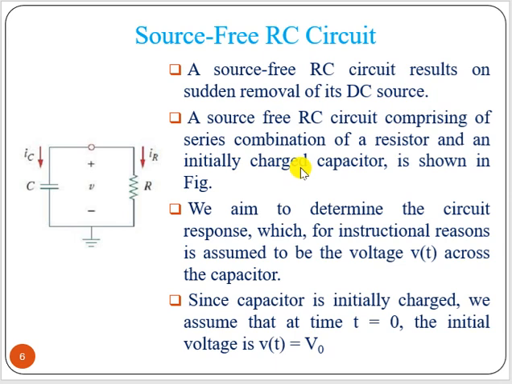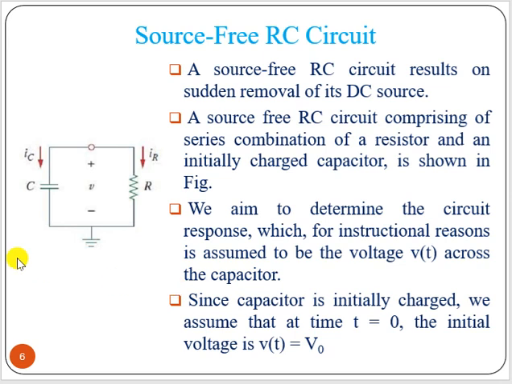Consider a series combination of resistor and an initially charged capacitor. Now we aim to determine the circuit response, which for instructional reasons is assumed to be the voltage across the capacitor, but we can find VR, IR, IC also.